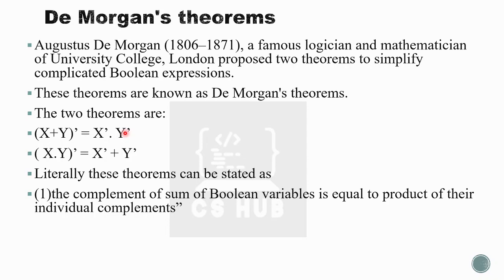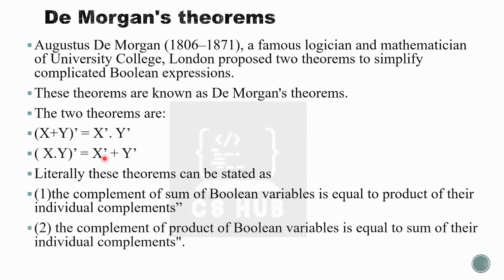We are finding the AND operation, right? This is the first theorem. Then the second theorem: the complement of the product of Boolean variables is equal to the sum of their individual complements. This is all about De Morgan's theorem.